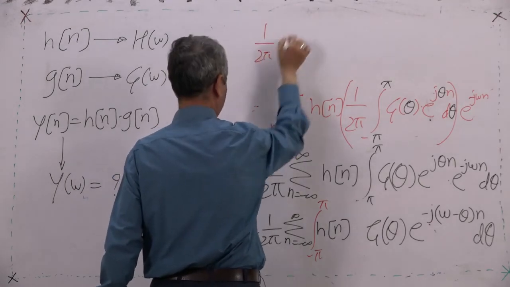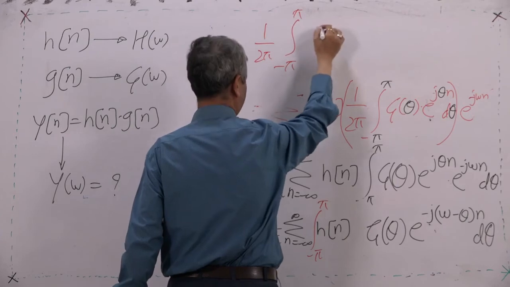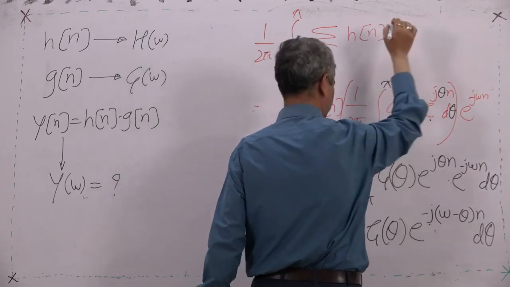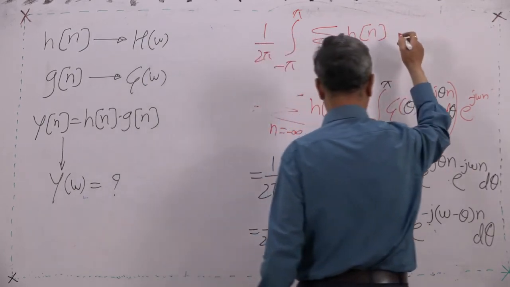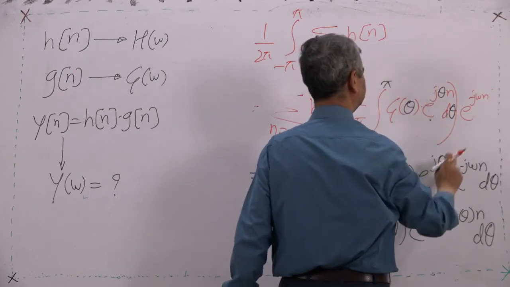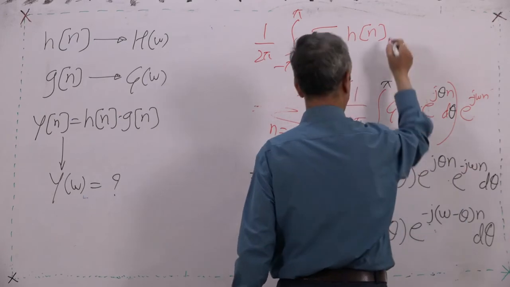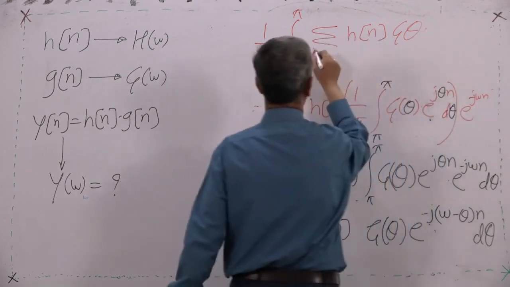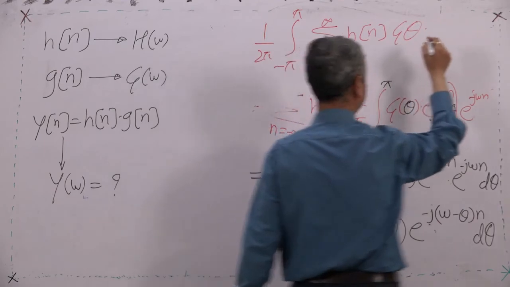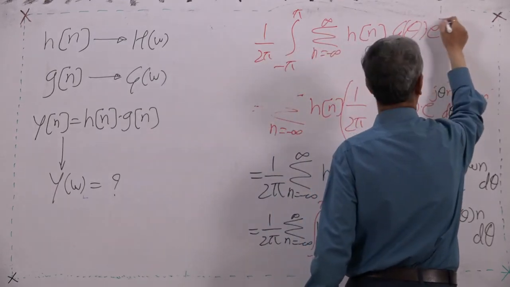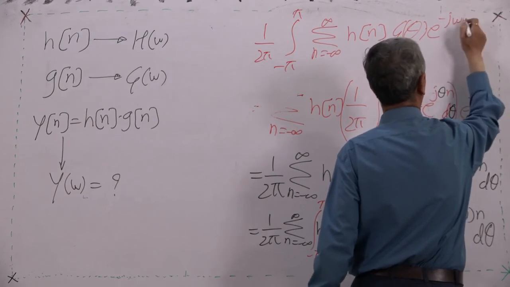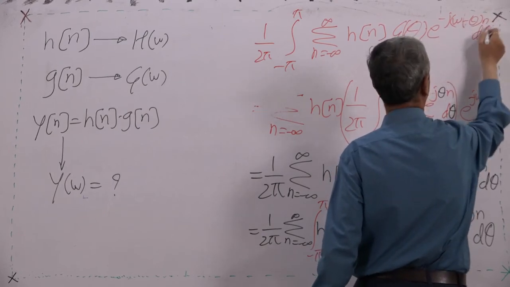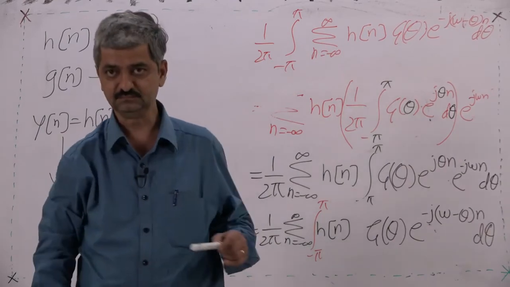One upon 2 pi minus pi to pi summation h n g theta e raised to minus j omega minus theta n d theta, right.